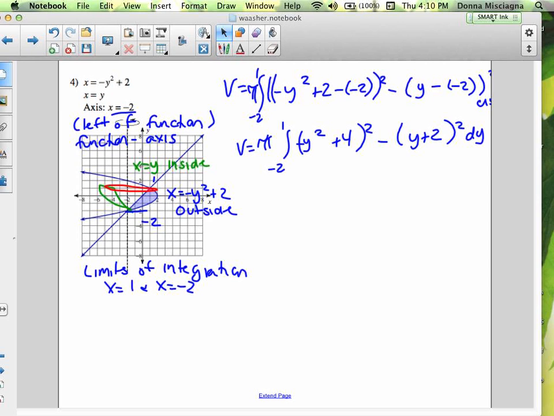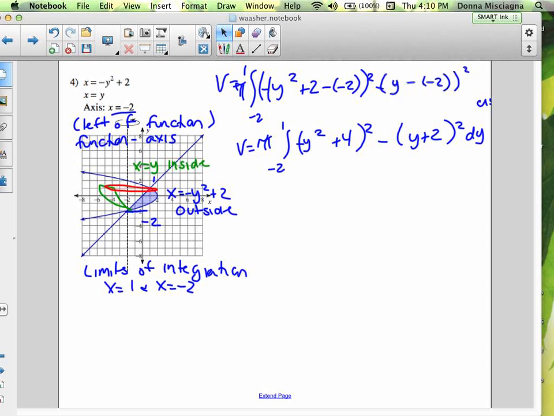Cram that little dy in there. Let me see if I can move everybody but the integral sign. There we go. All right, let's squeeze in the dy because we're integrating with respect to y. There we go.